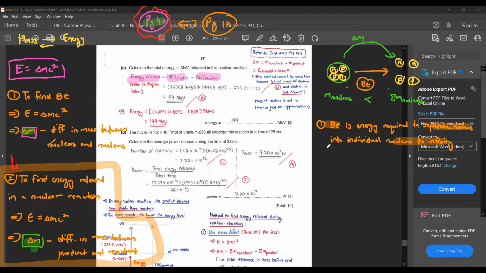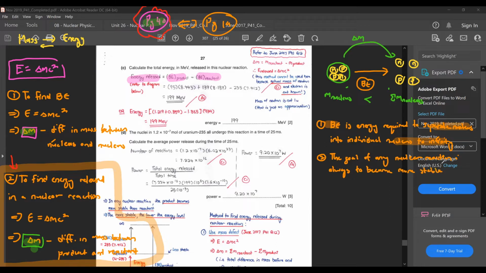And then there's another fact that I need to mention to you. The goal of any nuclear reaction is always to become more stable.